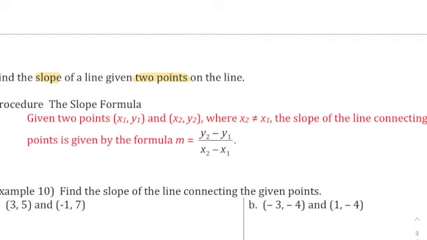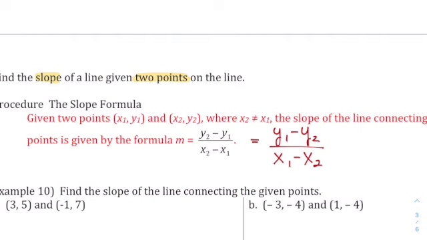I also told everybody it's not a big deal if you do y1 minus y2 over x1 minus x2. The important thing is y has to be on top and x has to be on the bottom.